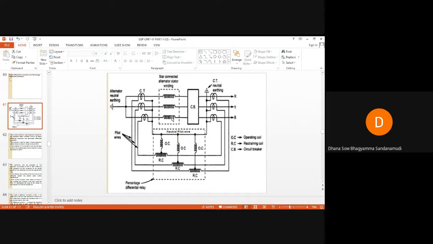In this scheme, you can see CTs on both sides of the windings. I have shown the circuit breaker here.